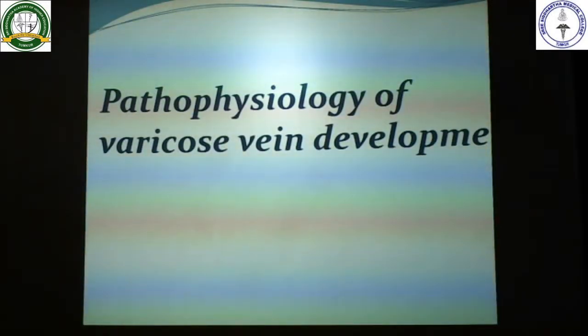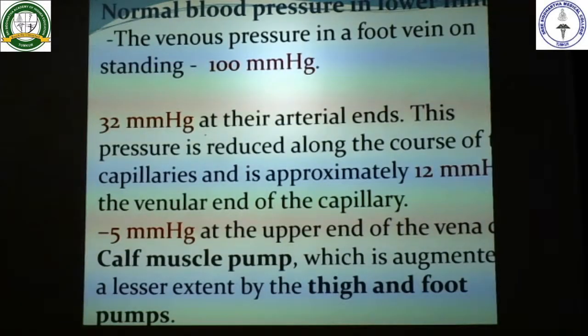So before discussing, we should know about the pathophysiology of varicose vein development. How the varicose veins will develop. Normal blood pressure in the lower limb in standing position, especially at the foot region, is about 100 millimeters of mercury. It becomes 32 millimeters of mercury at the arterial ends.